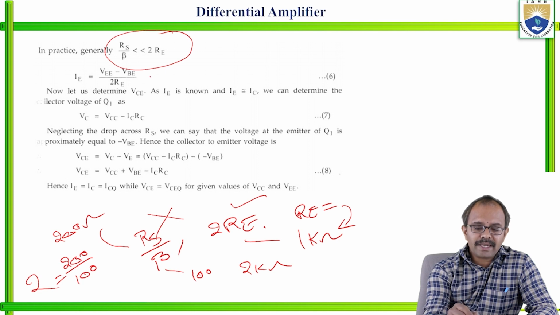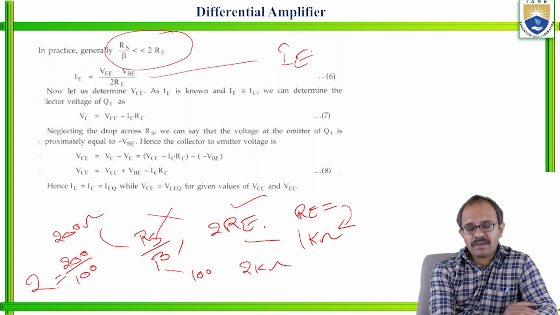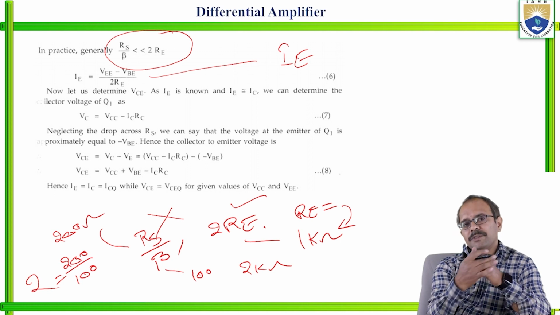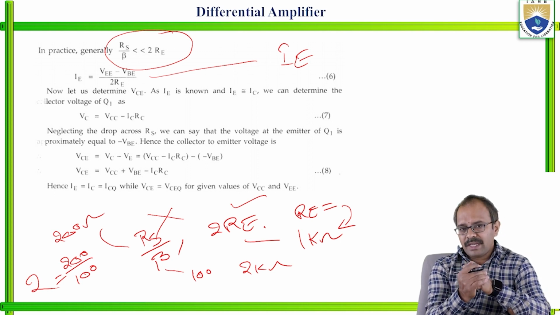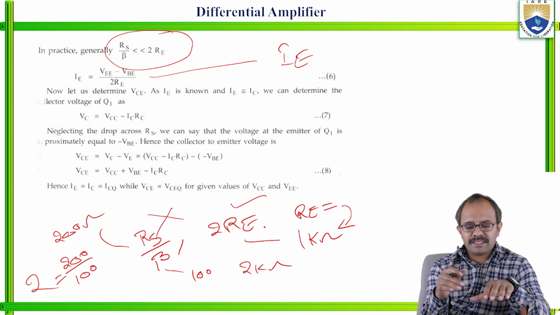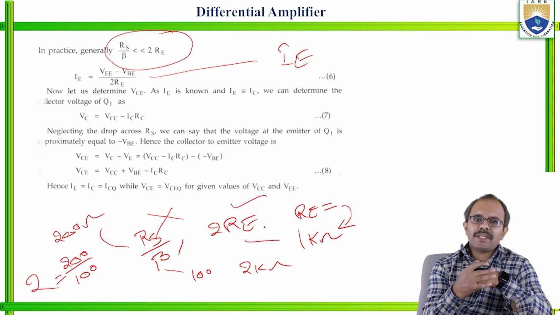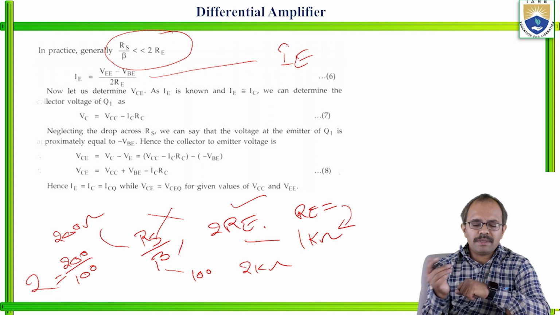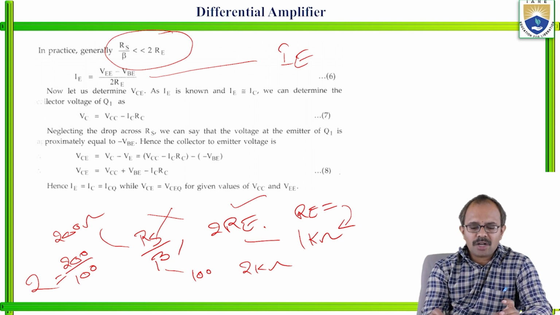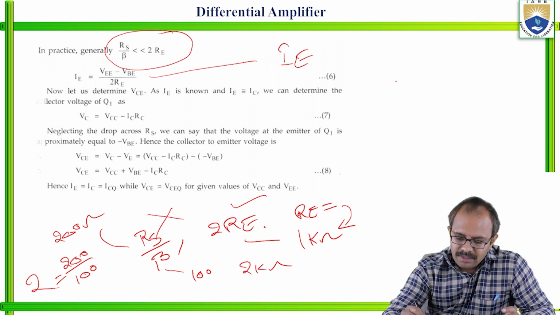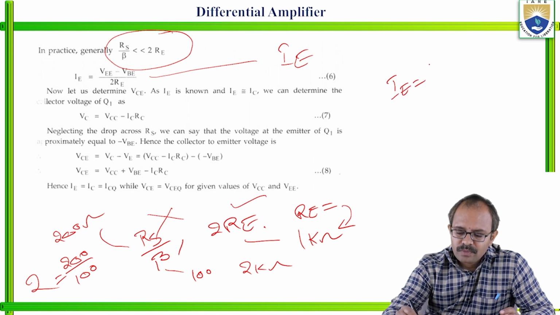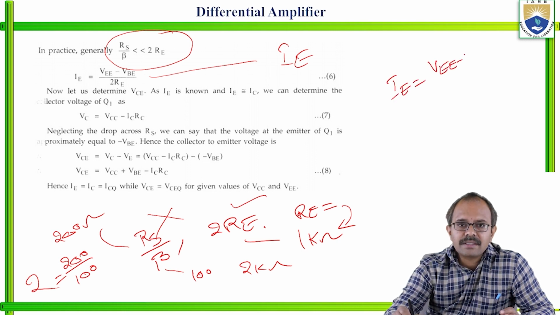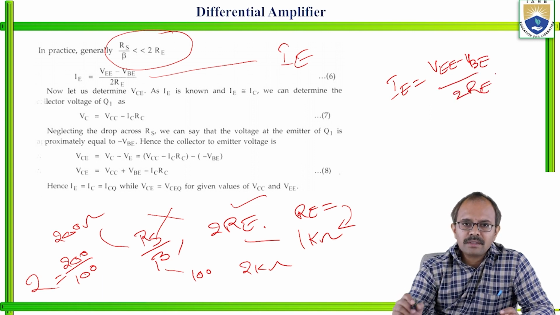So we rewrite the expression for IE, neglecting RS by beta. Now IE is equal to VEE minus VBE by 2RE, right?